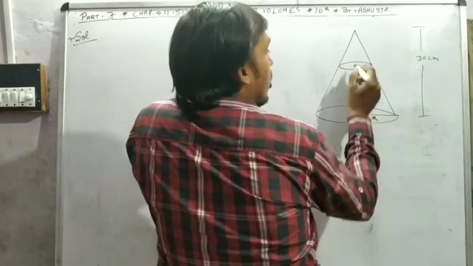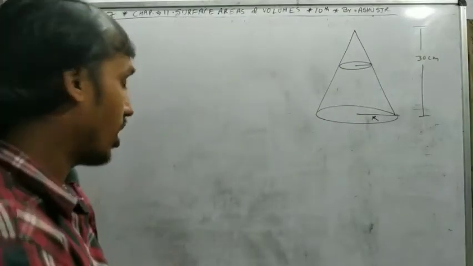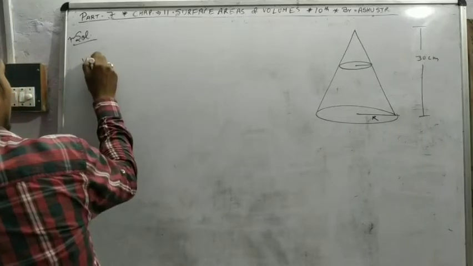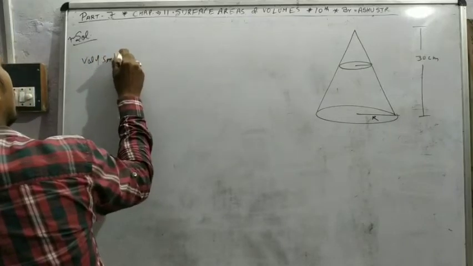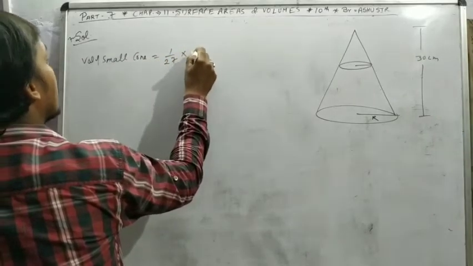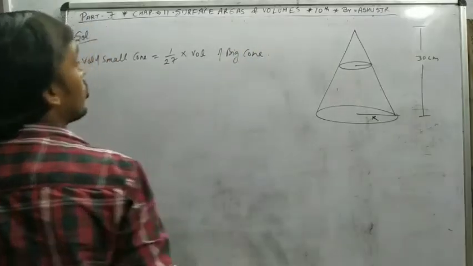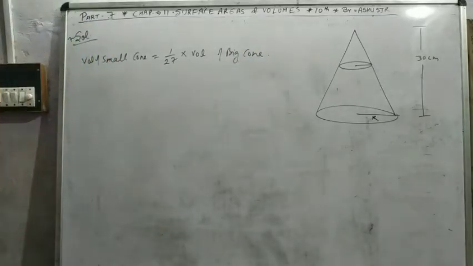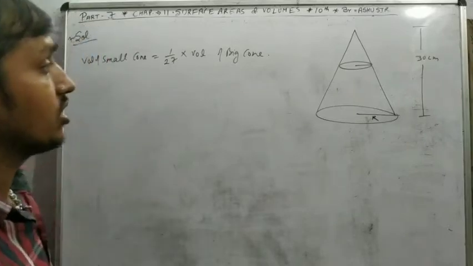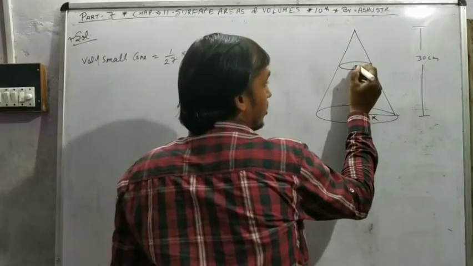So this part, the small cone, has a volume of 1 upon 27 of the volume of the big cone, or you can say the given cone. This is given, and the question is to find the height where it is cut.